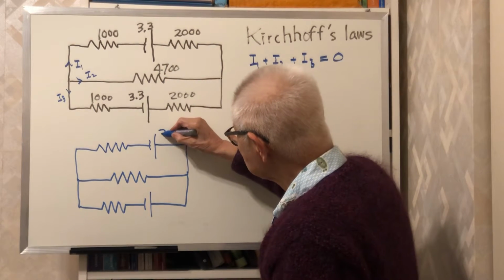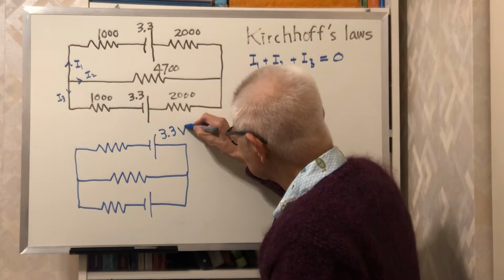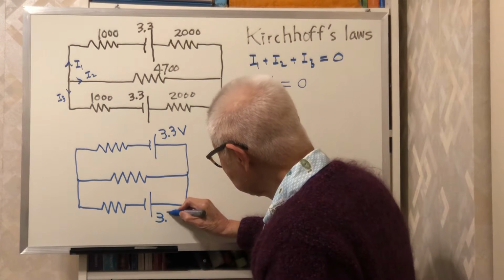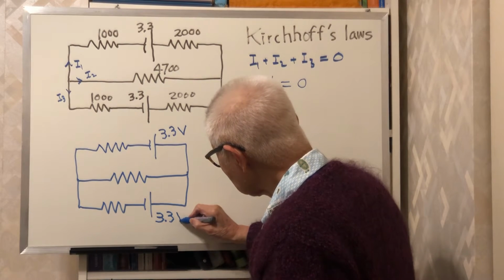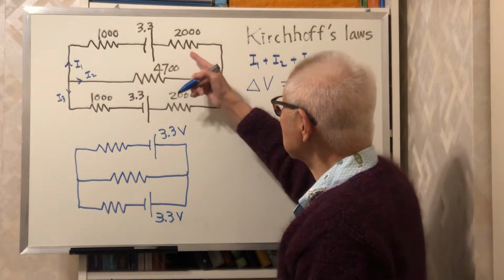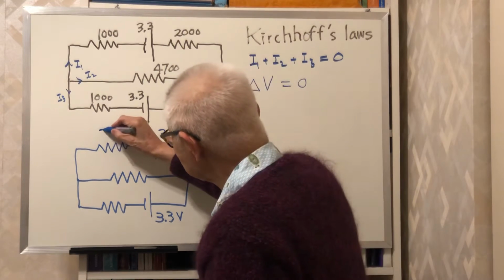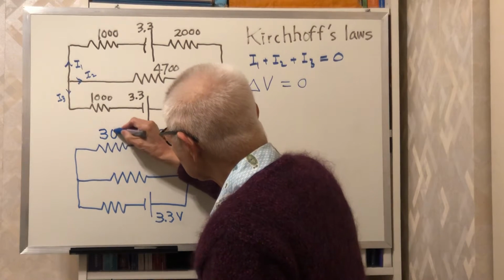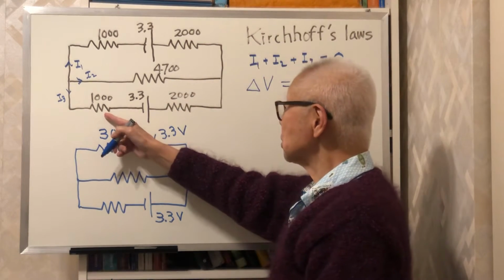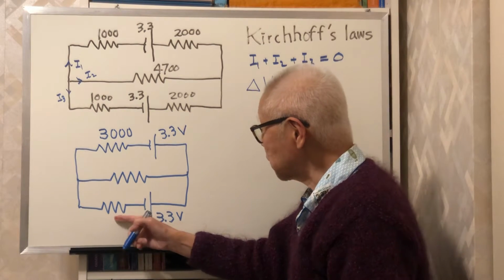3.3 volt, 3.3 volt, 1000 plus 2000 is 3000. 1000 plus 2000 is 3000.